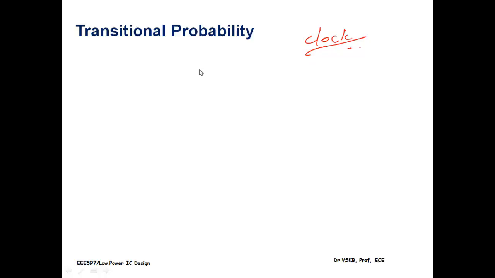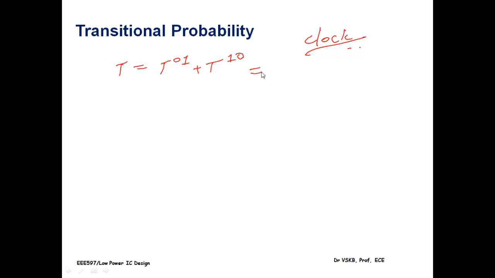So I would take that as a transitional probability, and this transitional probability T would now be: I should have my transition happening if it was previously at 0 and switching over to 1, or the current state is 1 and it is switching over to 0.